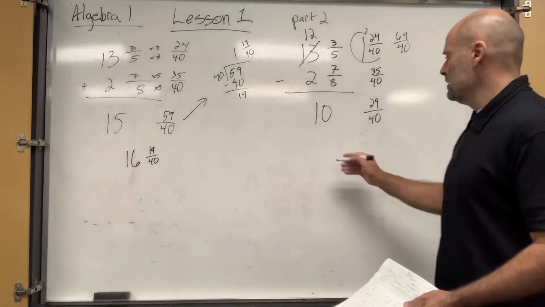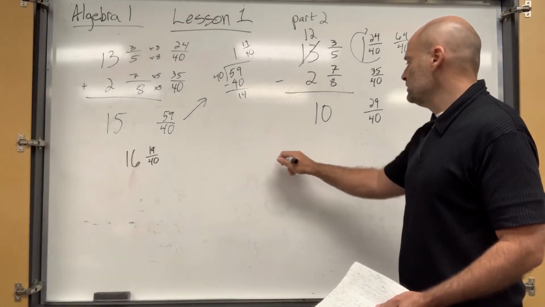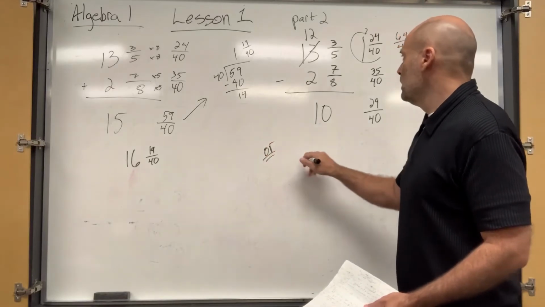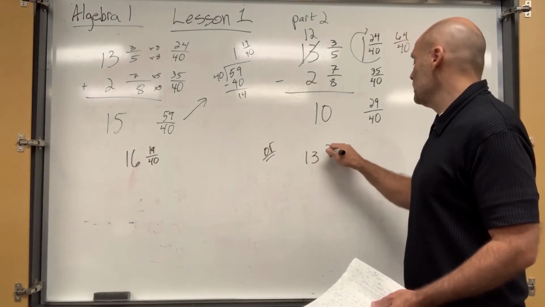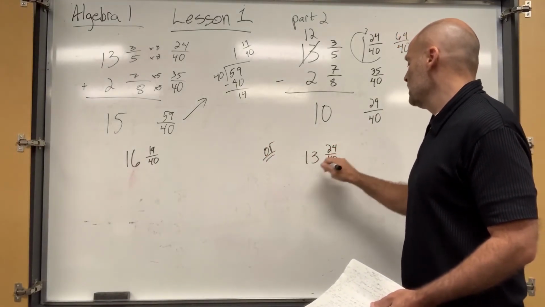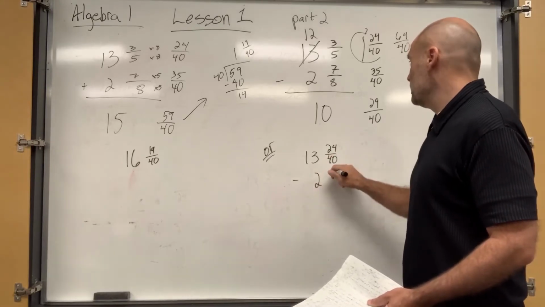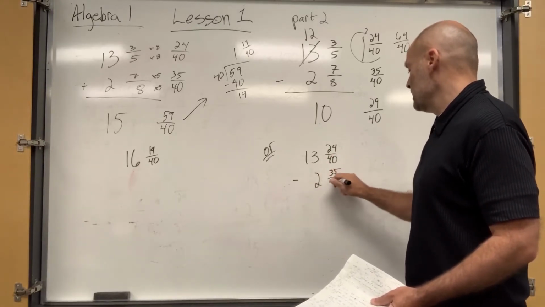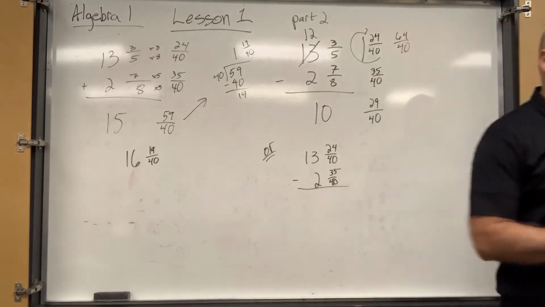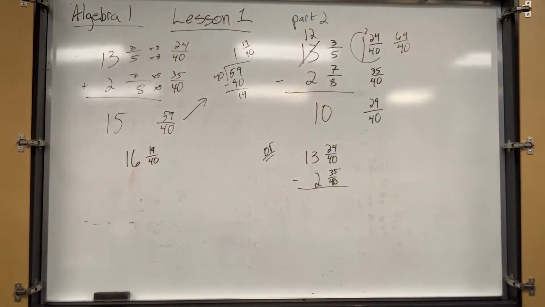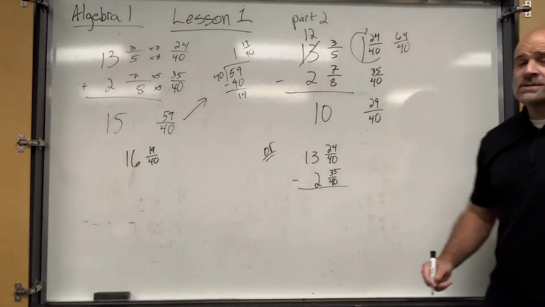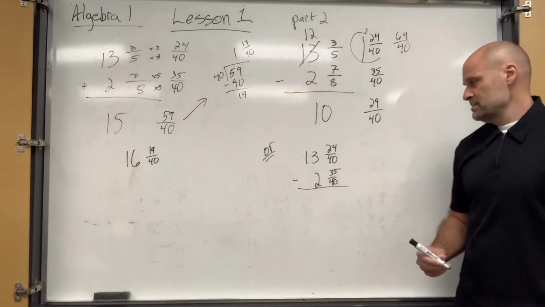If we're at this point, I'm going to say 13 and 24 40ths minus 2 and 35 40ths. So if you're here and you say, okay, I think I forgot the whole borrowing thing. I know how to borrow with normal numbers, but fractions, it confuses me. You can always just change these to improper fractions.